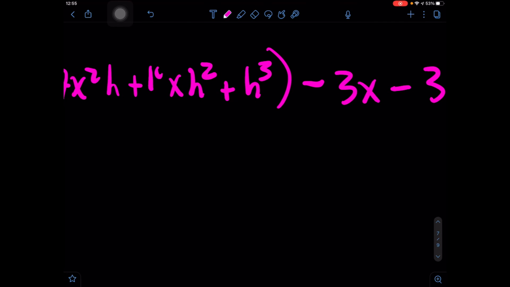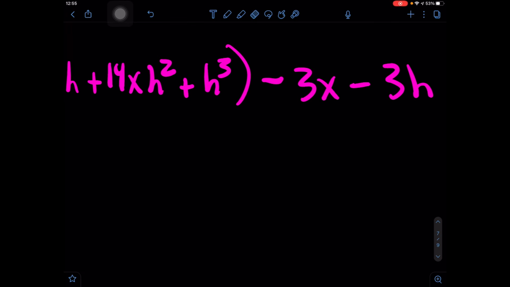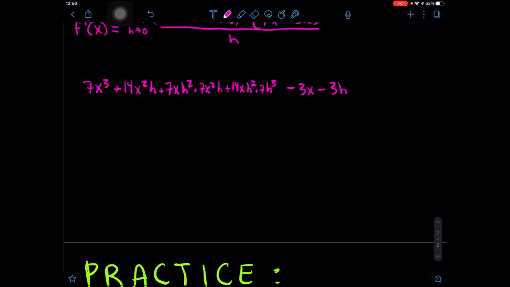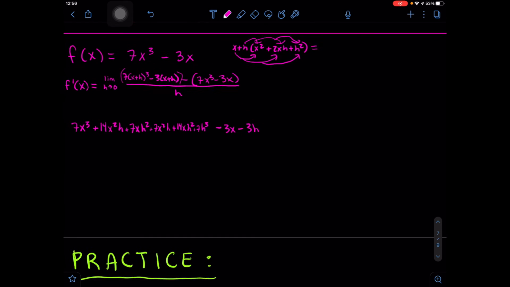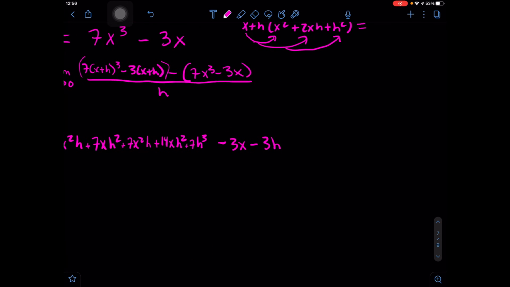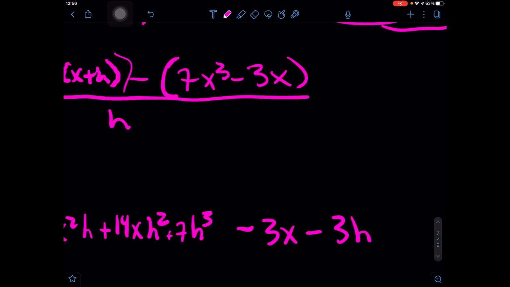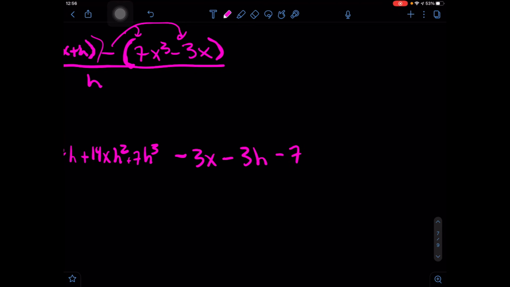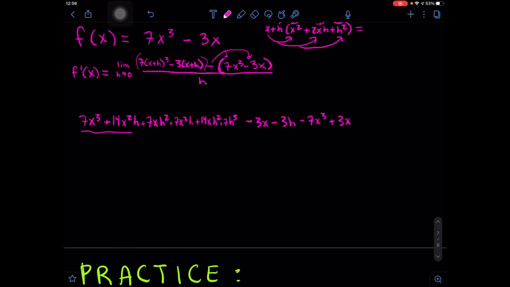This will be a 14. And this will be a 7. And then we can't forget about the minus f of x part. And remember, you have to put this in parentheses so you can distribute the negative. So this would become minus 7x cubed plus 3x. Of course, this is all over h.